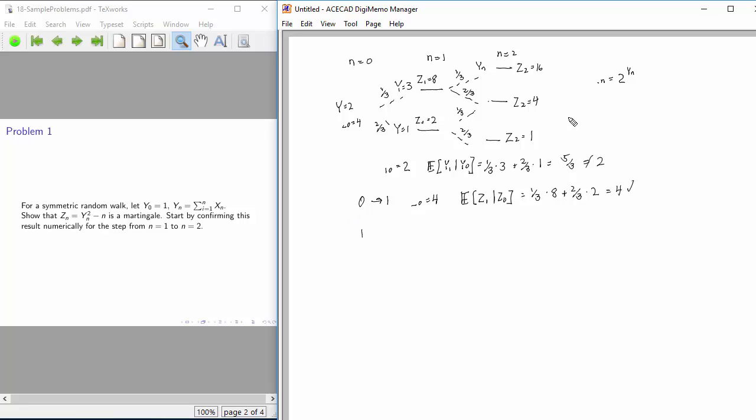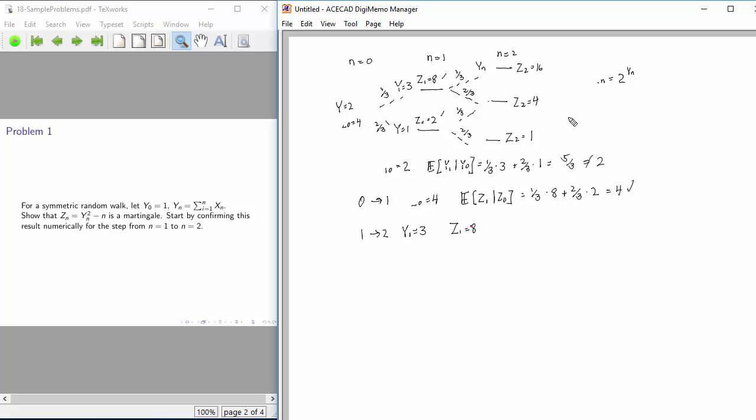And going from 1 to 2, now I've got to be a little bit more careful because remember, I'm trying to prove the equality of two random variables, and I have to consider one omega that goes through that node, another omega that goes through that node. So we'll have y1 equals 3.